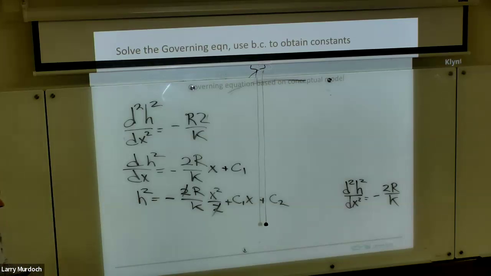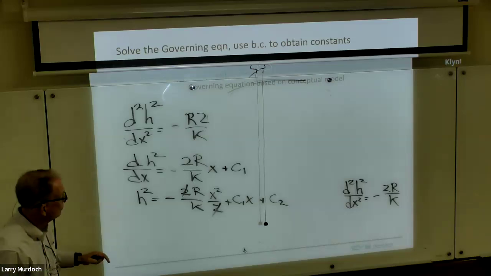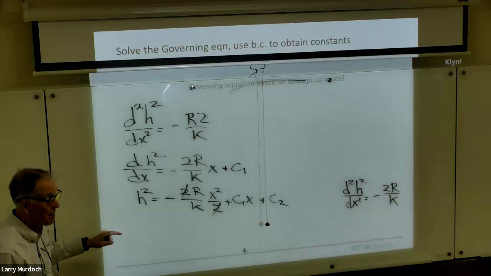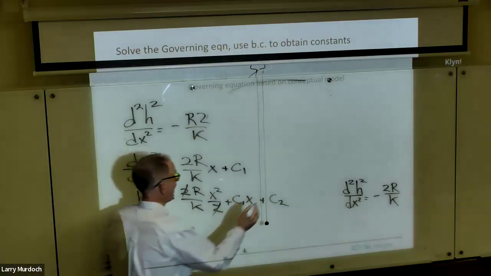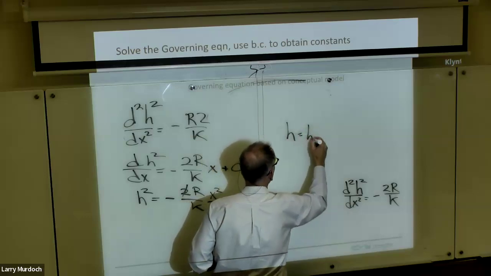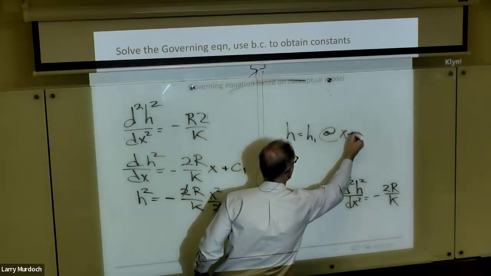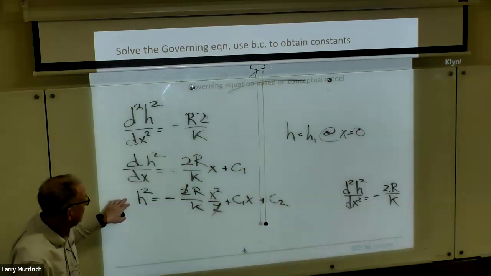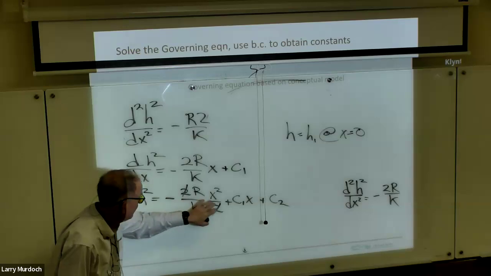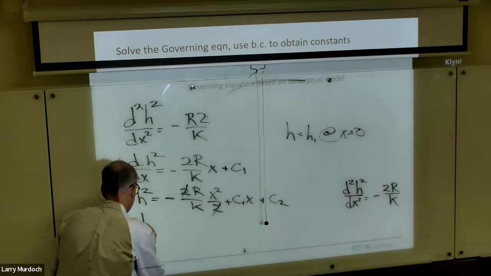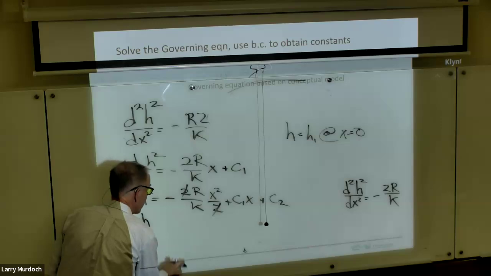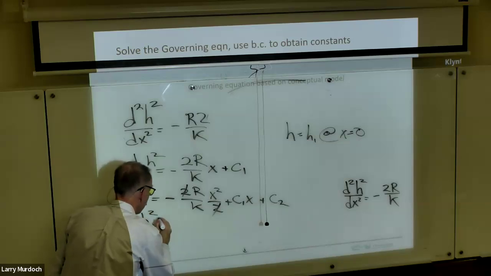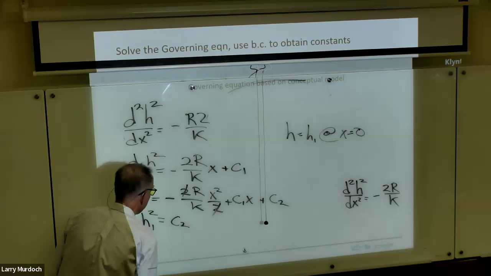And now we have to apply the boundary conditions. Do we have enough time to do the first one? That's the easy one. h equals H1 at x equals 0. So that's 0, and H1 squared is equal to C2.